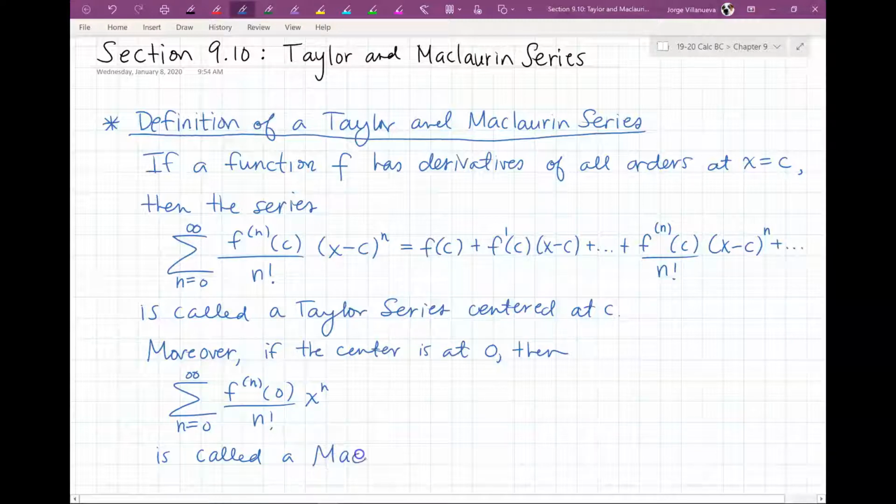So it's called a Maclaurin series centered at 0.